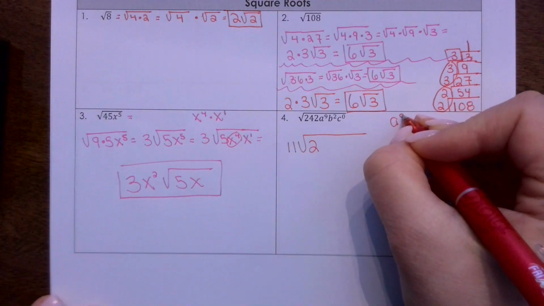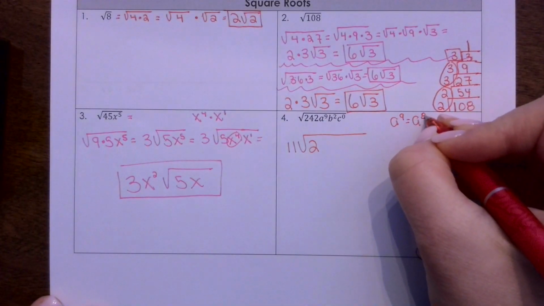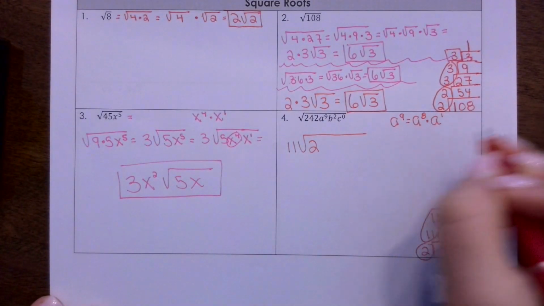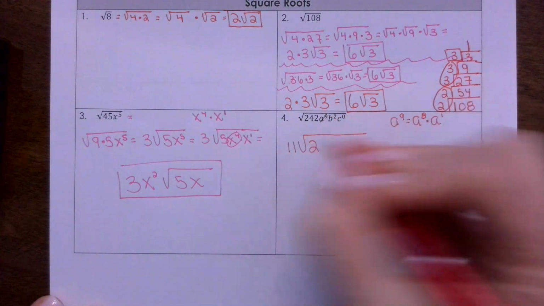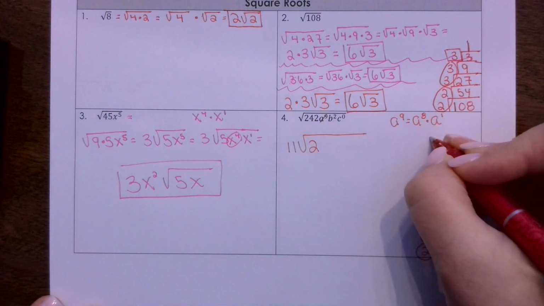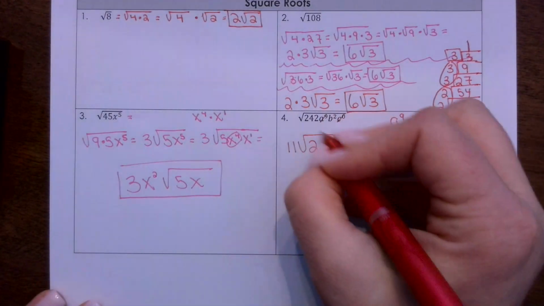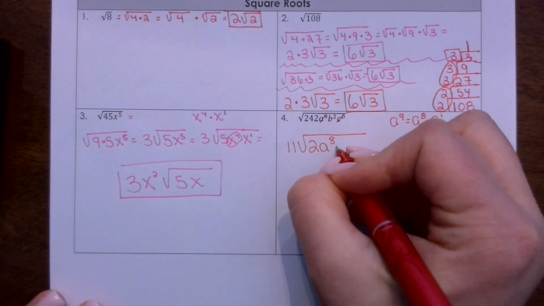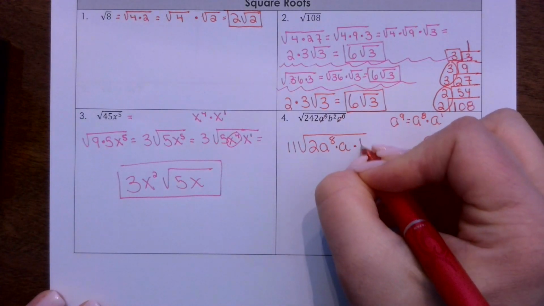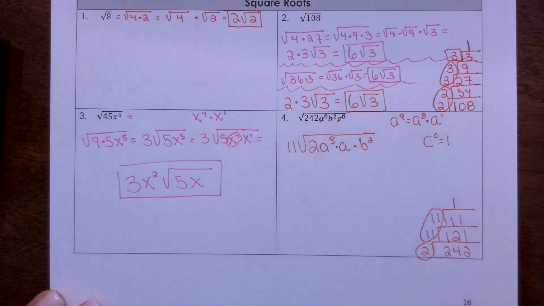Well, I know a to the 9th equals a to the 8th times a to the 1st. b squared is already even, and c to the 0 power equals 1. So that's going to cross off. So I'm going to put a to the 8th times a times b squared, and I've gotten rid of c.